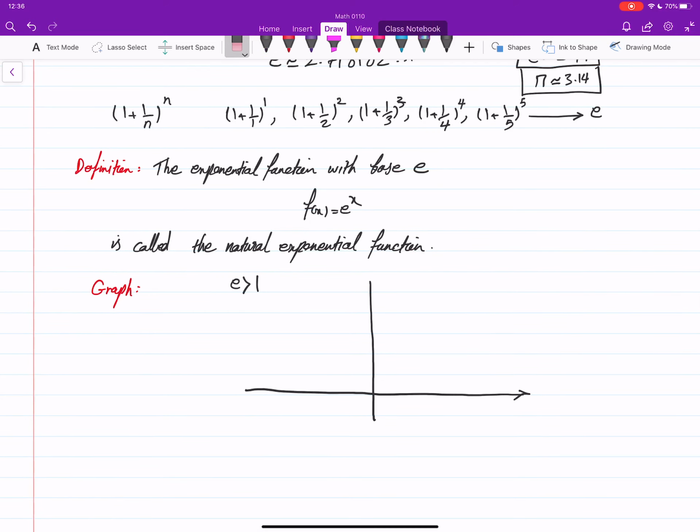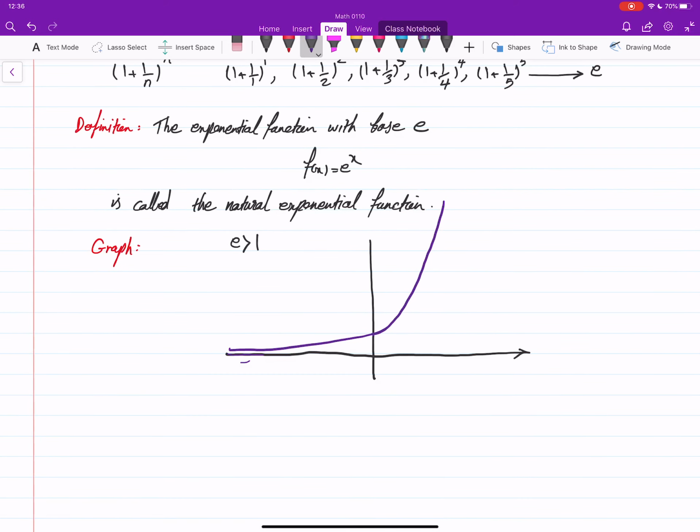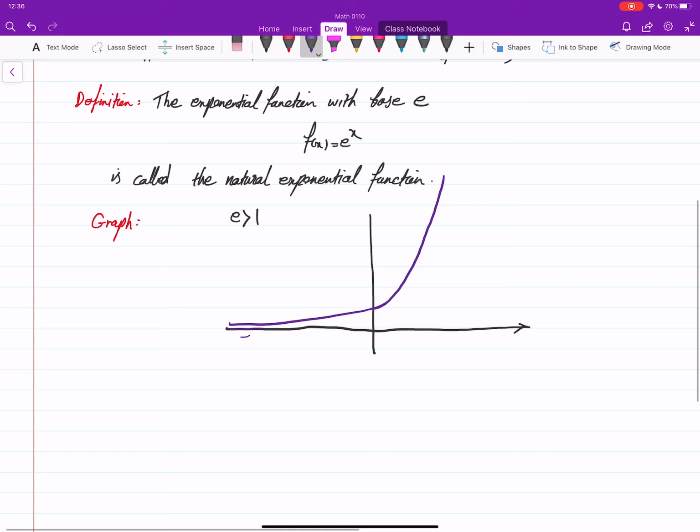It is increasing, passes through 1 and then goes down like that. And you have again y equal to 0, which is the horizontal asymptote. We will learn about the horizontal asymptote more later, but this is the graph of that function.